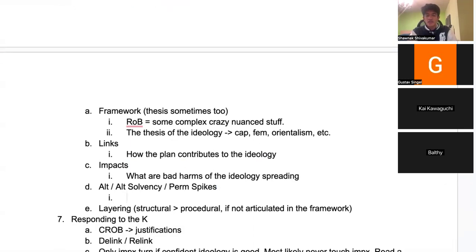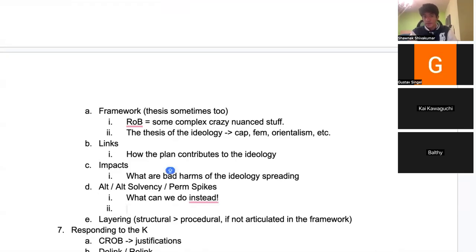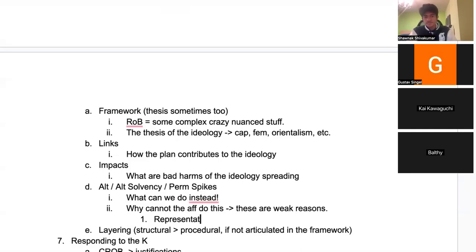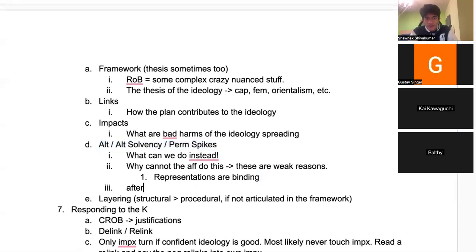And then alt solvency. What can we do instead? Then perm spikes. Why can't the AFF do this? And usually these are weak reasons. The biggest reason is reps are binding, or representations are binding. Also, after the neg finishes reading the alt, interrupt and ask for the text and status.